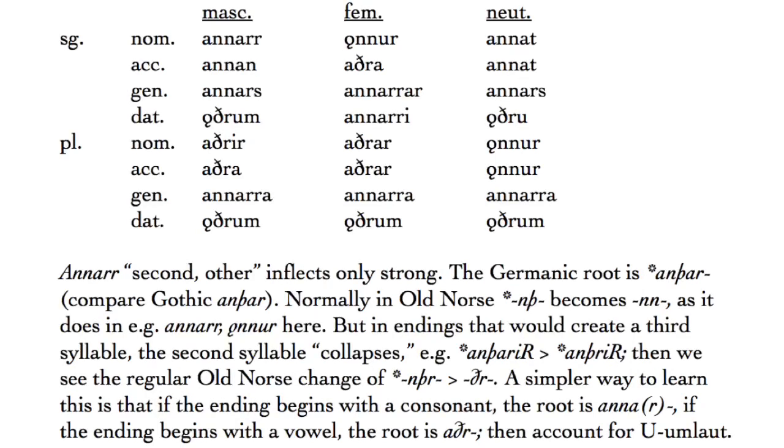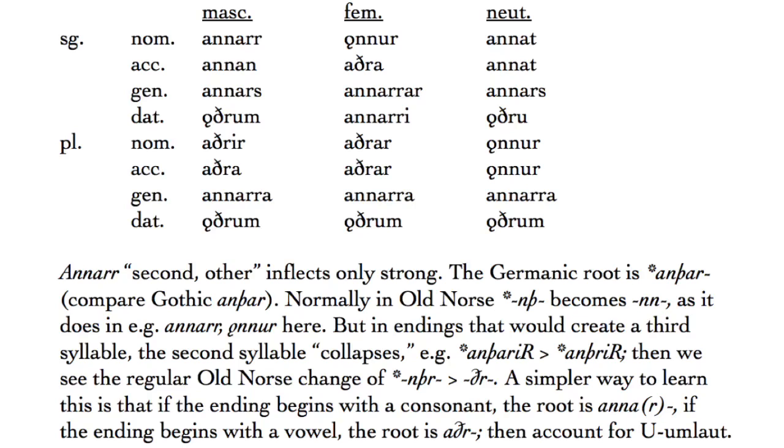This word inflects a little bit differently than people typically expect. That has to do with what happens to an N followed by a thorn in the history of Old Norse. For those who are curious, I'll put the inflection up there for you, but just to point this out, to make it a little clearer, it basically has normal adjective endings.